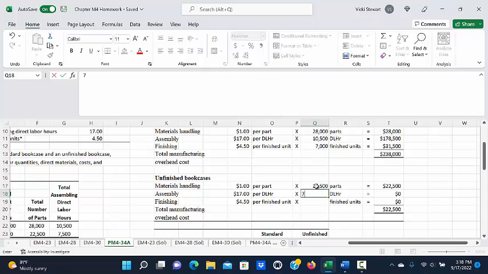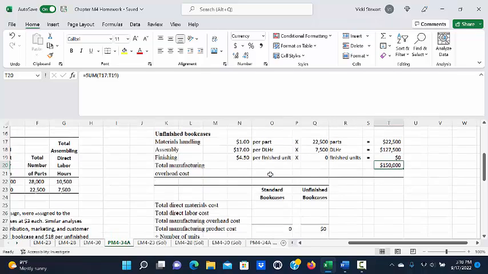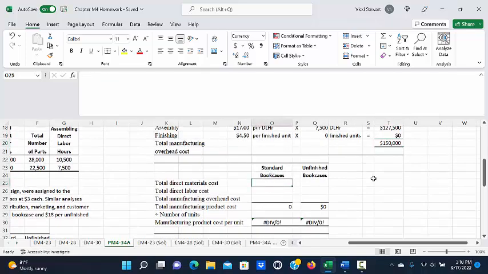We had 7,500 total assembling direct labor hours, and we did not finish any of these units. They were unfinished bookcases. So we only have materials handling and assembly manufacturing overhead to add together to get total manufacturing overhead cost. Next, we're going to compute the total product cost and then divide it by the number of units produced to get the manufacturing product cost per unit.